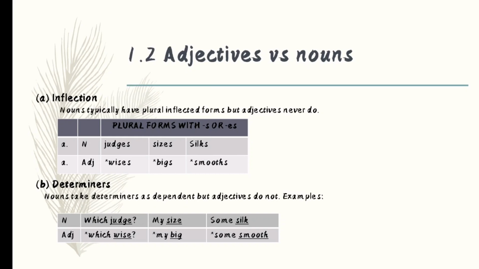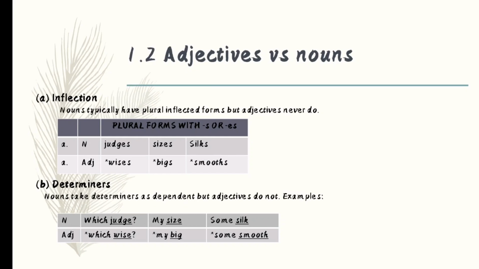These cannot be used in plural forms with s or es. Not all nouns have plural forms, and not all adjectives have comparative and superlative forms. But where the forms do exist, the difference between nouns and adjectives is particularly clear.